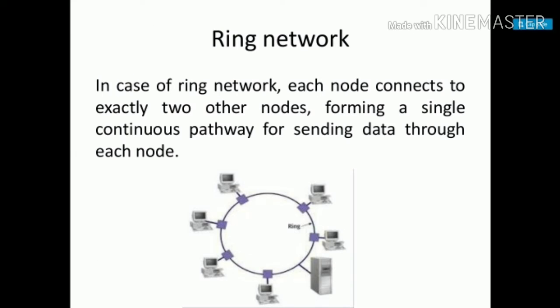The third network topology is ring topology. In a ring network, each node connects to exactly two other nodes, forming a single continuous pathway for sending data through each node. Here you can see a ring topology is an exact pathway.